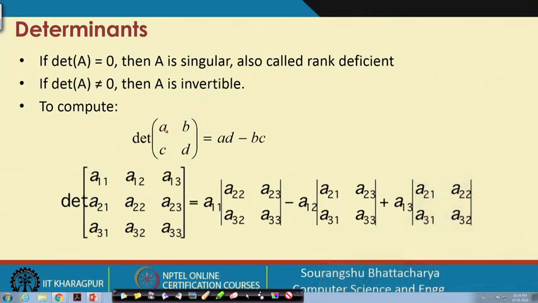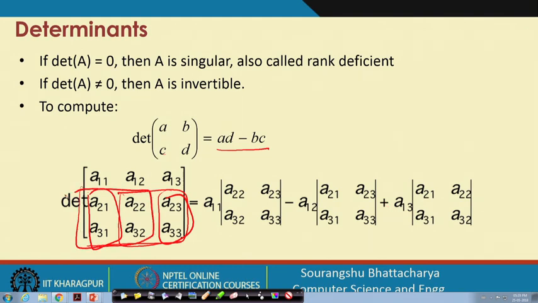For a 2 by 2 matrix with entries A, B, C, D, the determinant value is given by A D minus B C. For a 3 by 3 matrix, the determinant is computed recursively as A11 times the determinant of this submatrix minus A12 times the determinant of the submatrix formed by taking these two rows, plus A13 times the determinant of this submatrix.